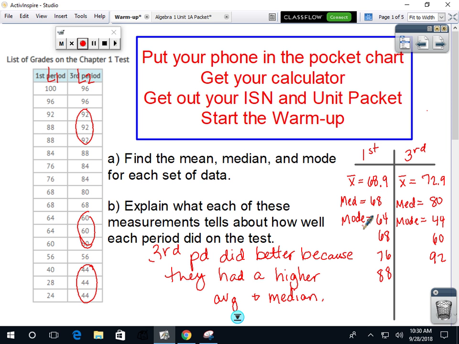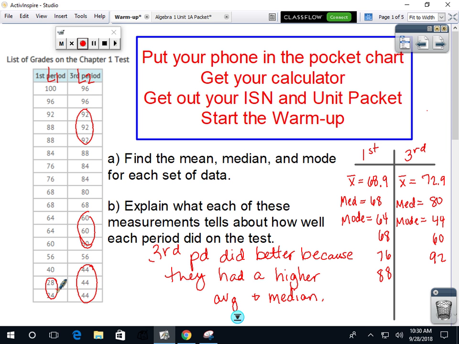Now, can anybody look at the data and tell me what you think hurt first period? Right, look at this 24 and 28. Did anybody in third period make that low? No. Okay, so that's what hurt it, was them.